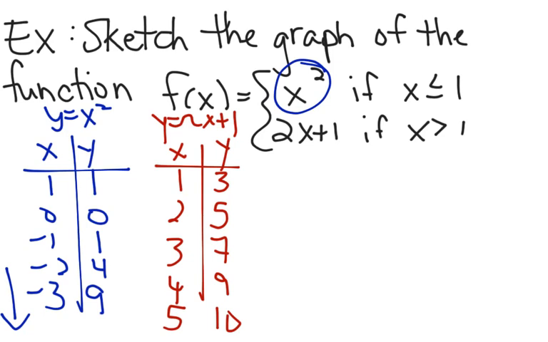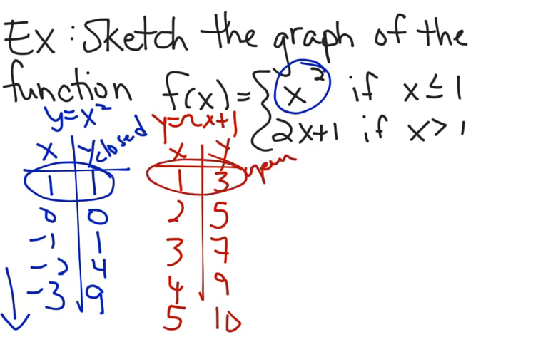Now the little inequalities you have to watch out, because the first inequality, x is less than or equal to 1, means that you're going to start your ray at a closed circle. And in the second graph, x is greater than 1 means you're going to start your graph at an open circle. Just like we used closed and open circles on line graphs of inequalities.